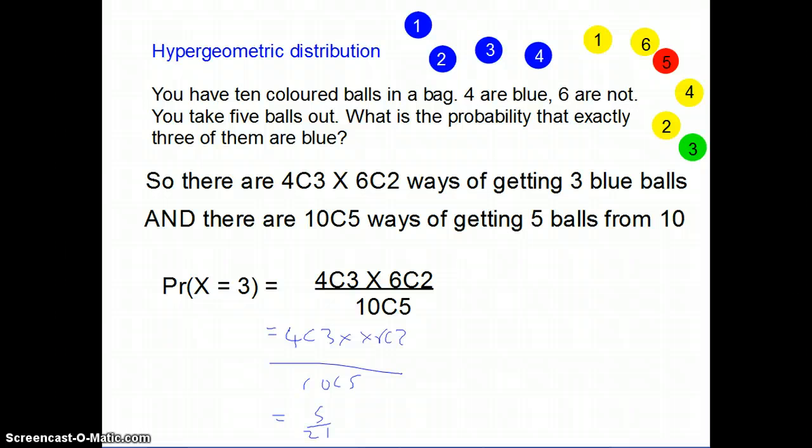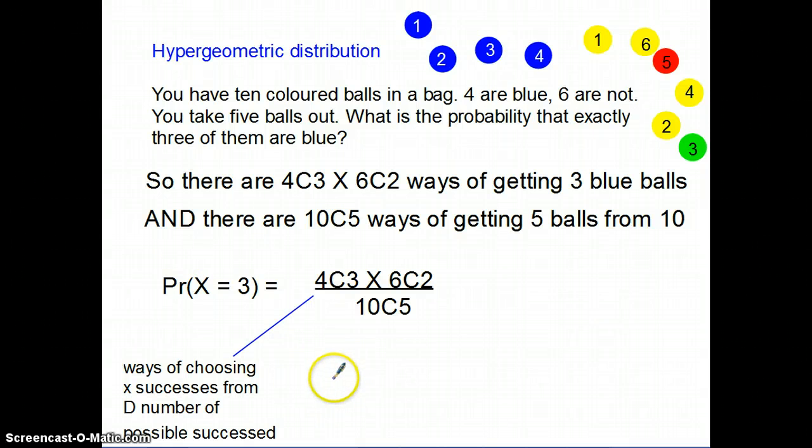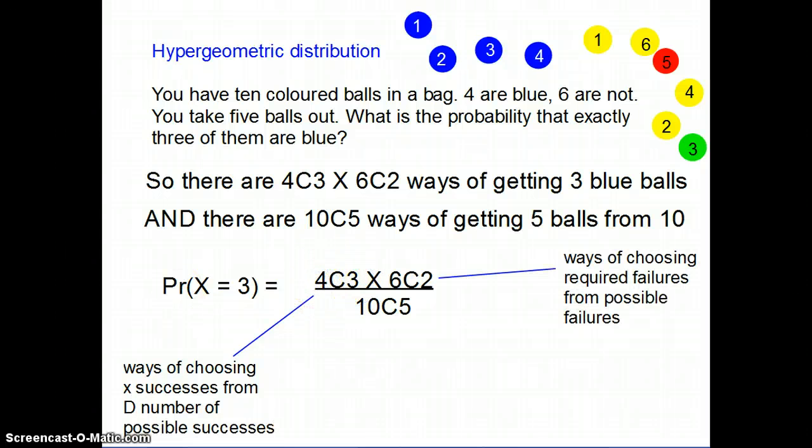Now, in general, the first part is the ways of choosing the number of successes you want from the number of possible successes. So we're looking for 3 blue balls out of 4 possible blue balls. Here is the way of choosing the required failures. We needed 2 because there were 5 in total.